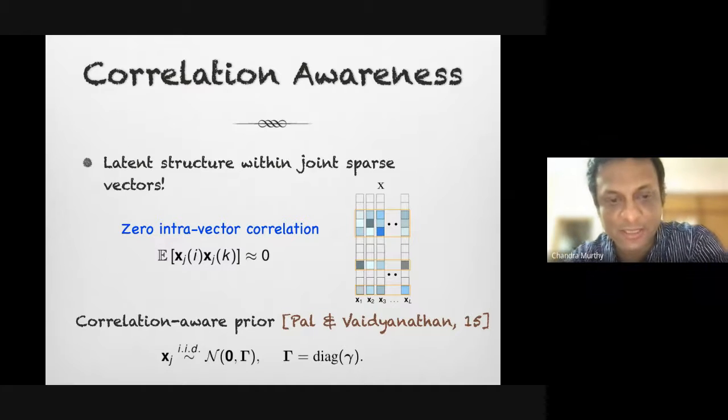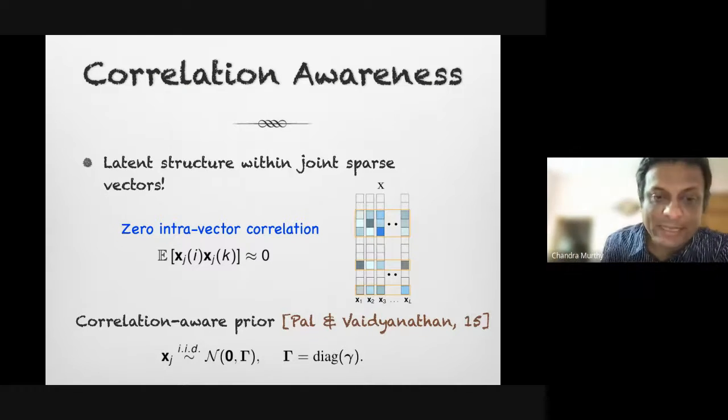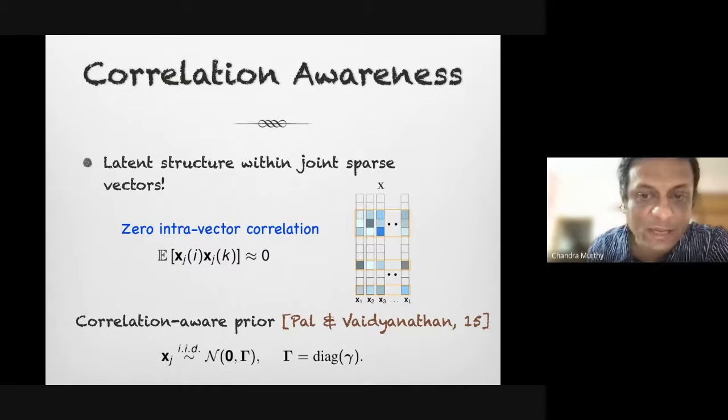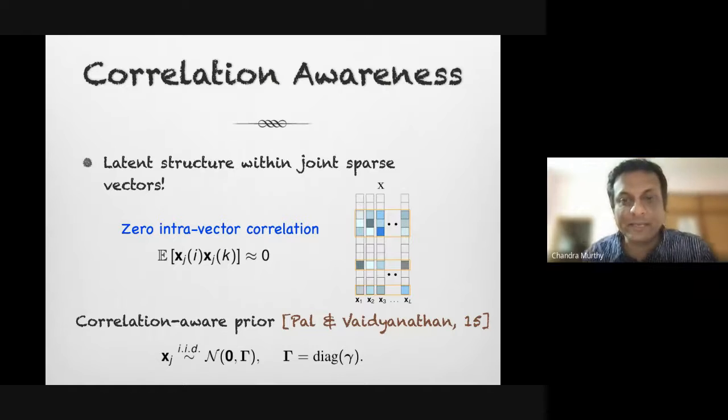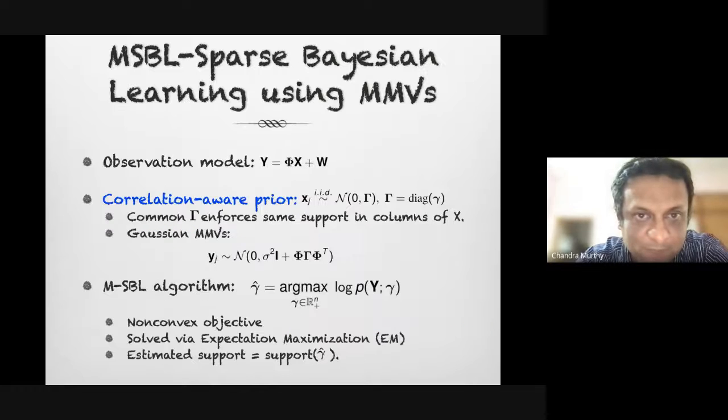This kind of structure in turn implicitly implies that there is zero intra-vector correlation. So if the third, fourth, and fifth entries of the first column of X are non-zero, those three entries are independent of each other and they're uncorrelated with each other. So there is a lot of structure in this matrix X that this algorithm is actually able to exploit. And that's how it's able to perform so much better than the other approaches.